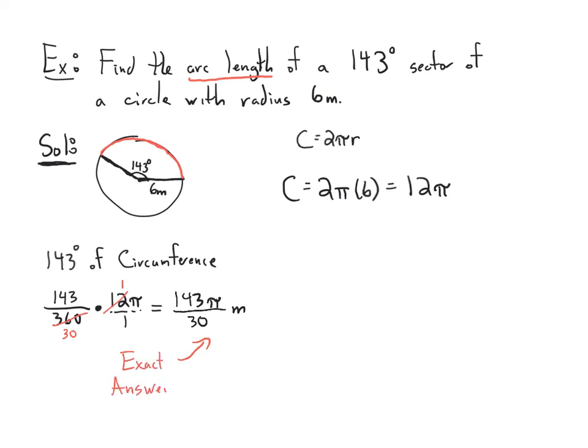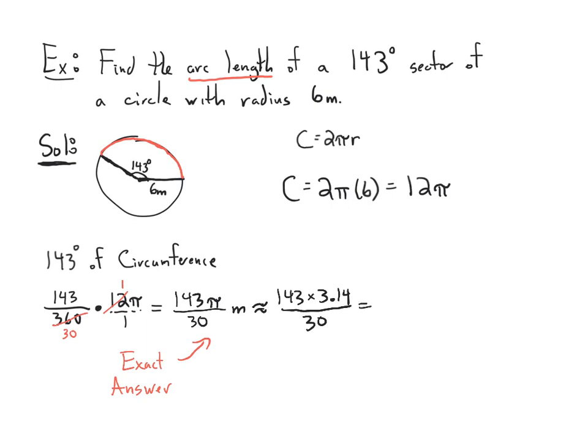But sometimes you need some approximation. So let's do an approximate answer where we let pi equal 3.14. So we're going to do 143 times 3.14, approximately equal, over 30, and calculate that.